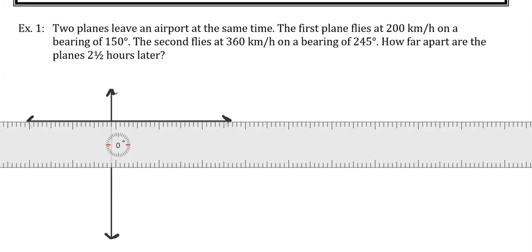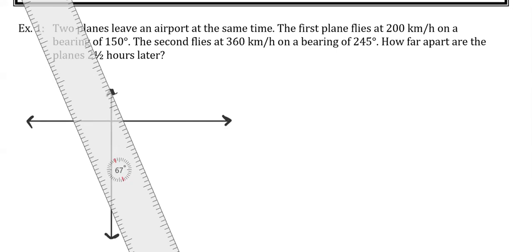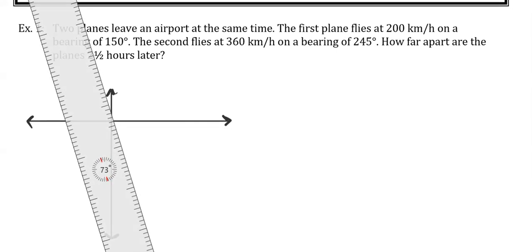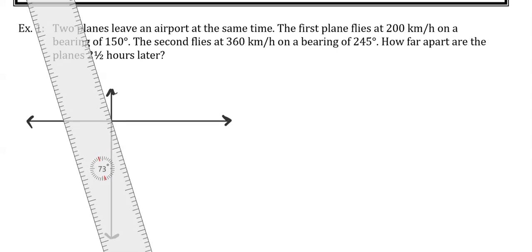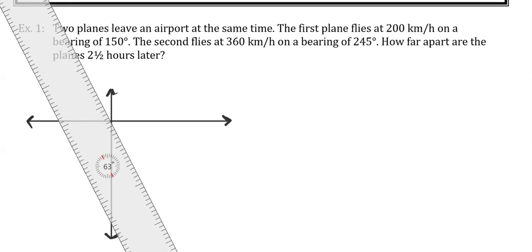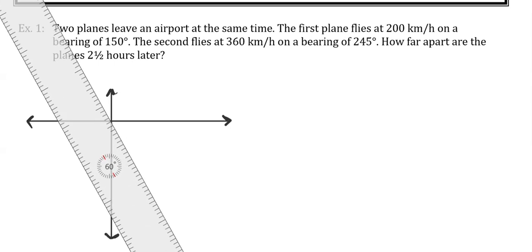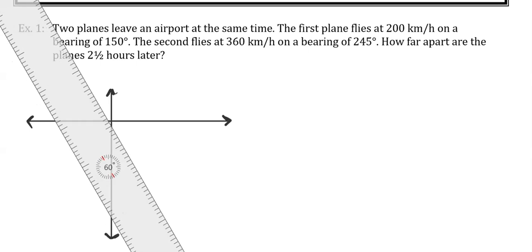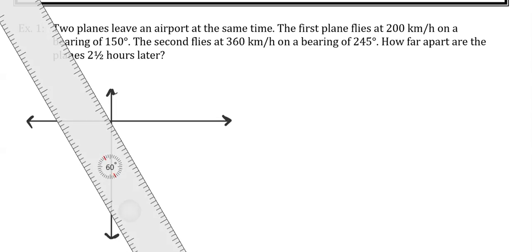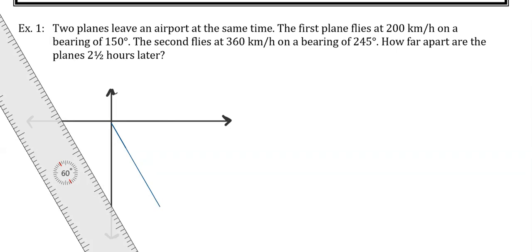Then we're going to draw 150 degrees. So that's going to be like this. It doesn't have to be perfect. I'm going to make mine close. Okay, so I've got that line, and that's 150 degrees from here.